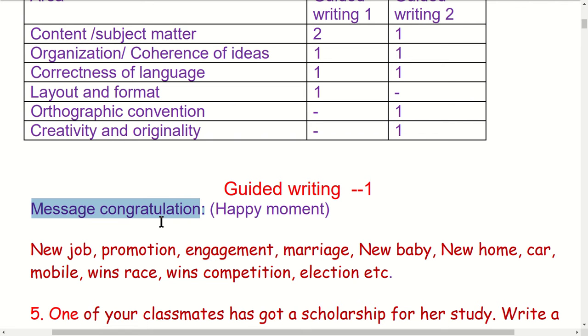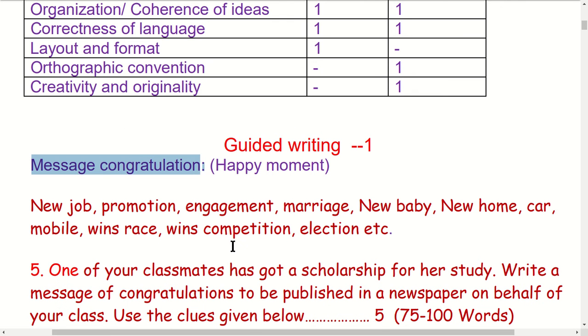There are different newspapers. This message is written to be published there for a happy moment. Let's see how to write this one.